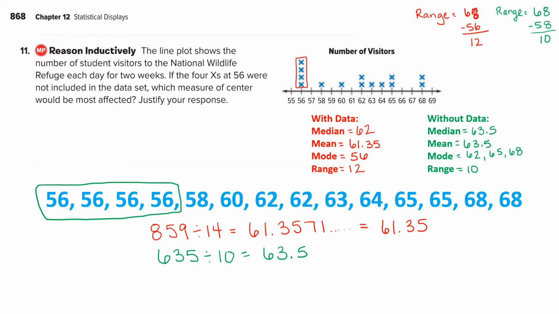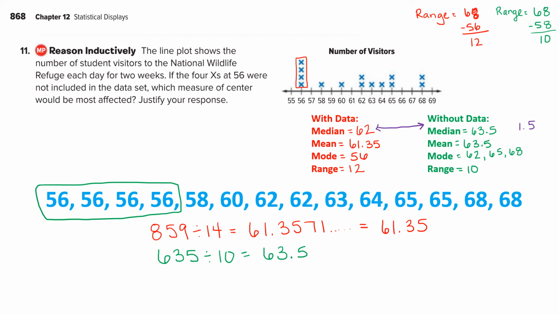So as we're looking at our new values, the median only changed by 1.5. Difference is 1.5, and we're just going to say it's the absolute value because it doesn't really matter if it went up or it went down. We're just saying in general it changed by 1.5.